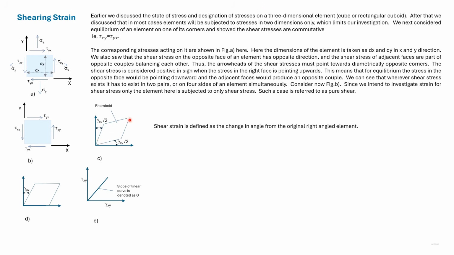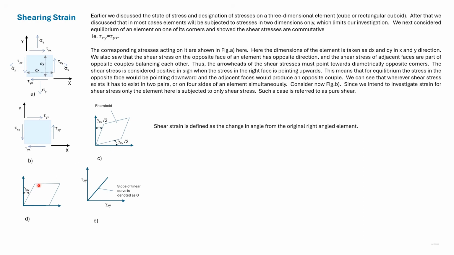A reduction in angle is considered positive, as shown here, while if the angle exceeds 90 degrees, the shear strain is considered negative. In figure T has been obtained by rotating the axis in figure C so that the strain is on one side.